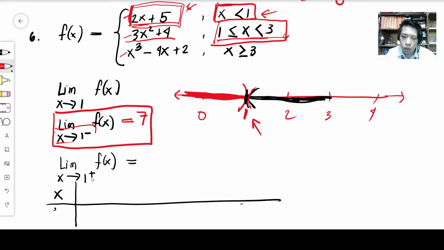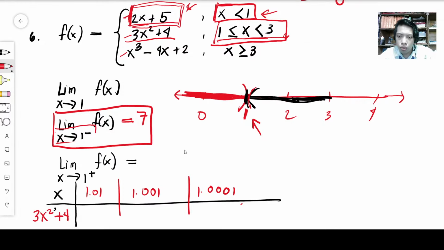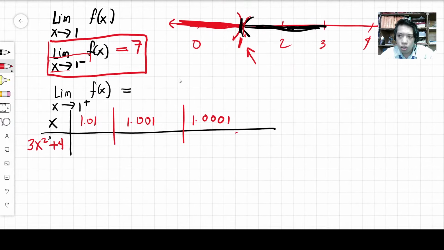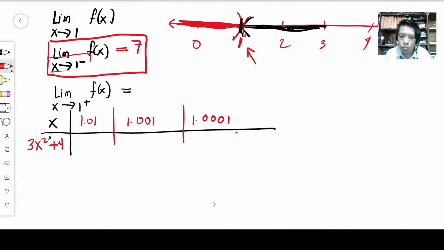Okay, x coming from the right: 1.01, 1.001, 1.0001, and so on and so forth. And the function we will use is 3x squared plus 4.